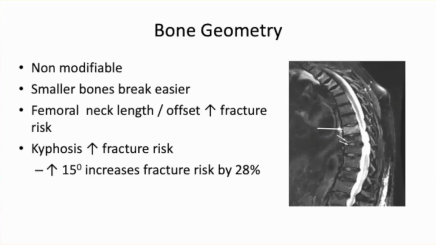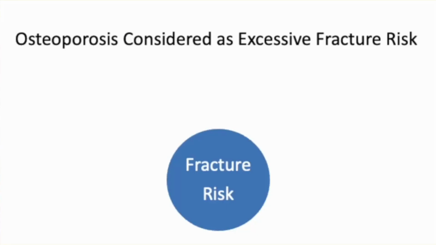And for the spine surgeon, kyphosis increases fracture risk. For every 15-degree increase in kyphosis, there's a 28% increased risk of vertebral fractures. And that does give us something to pause and think about when we're treating patients.